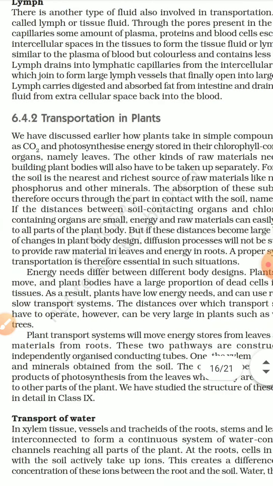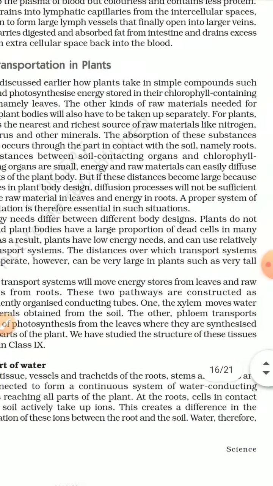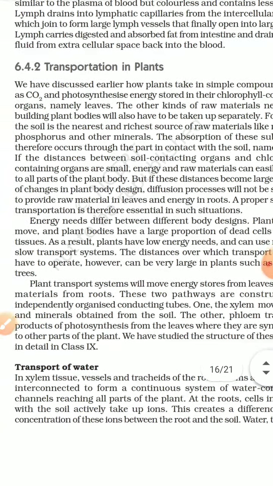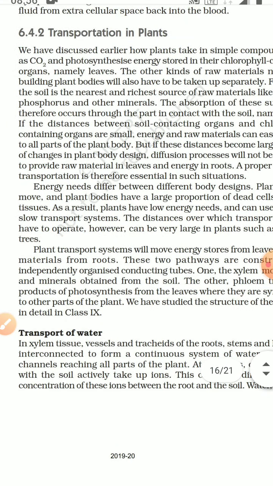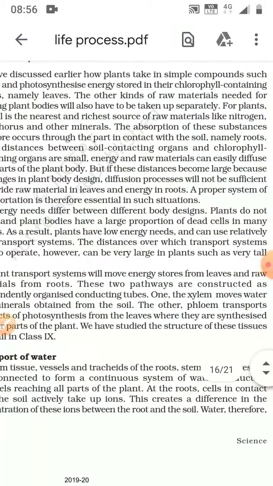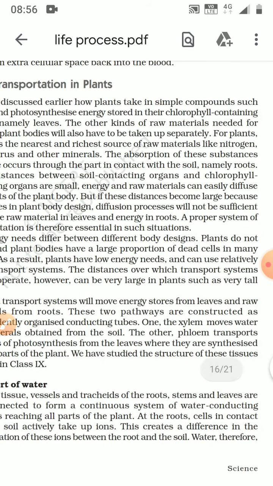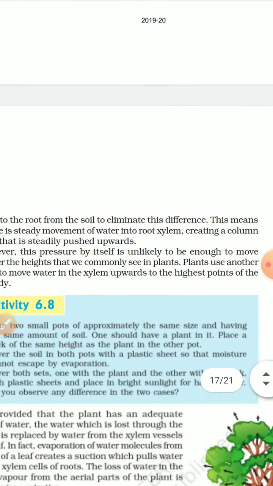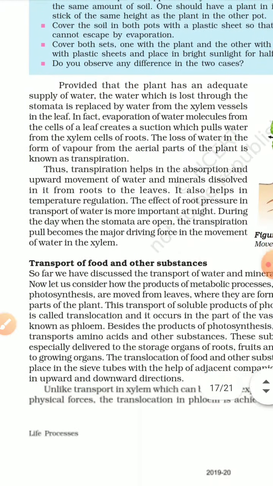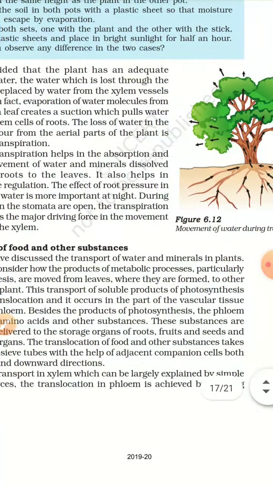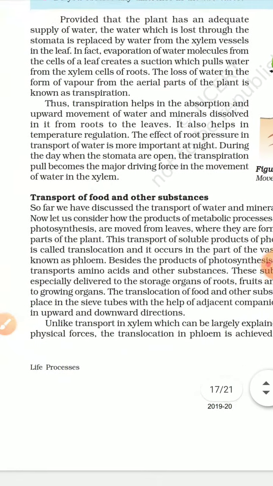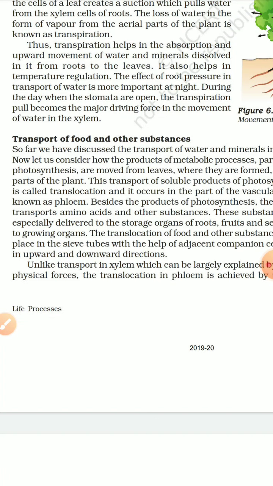Transportation in plants is of a different type compared to animals. In plants, the transportation of food material and water has a special mechanism that will be discussed in later classes. Till then, I want to mention that plants have vascular tissues, the xylem and phloem. If you have listened in previous classes, xylem and phloem are the parts of vascular tissues, and this transportation is found in developed plants.